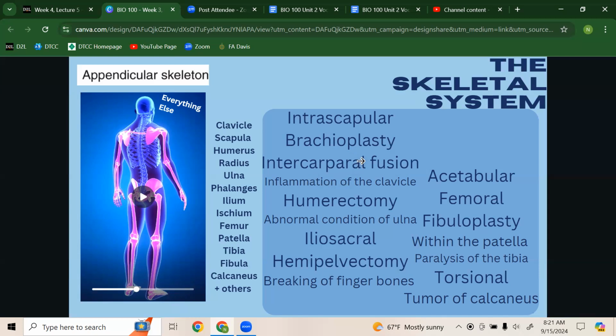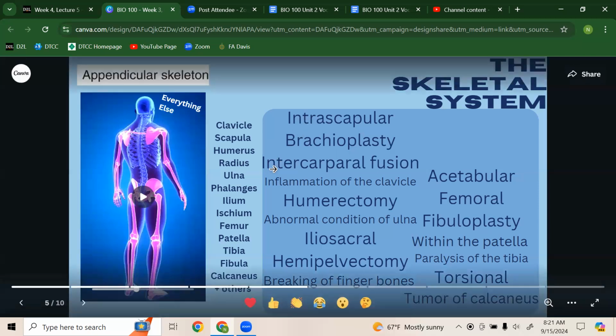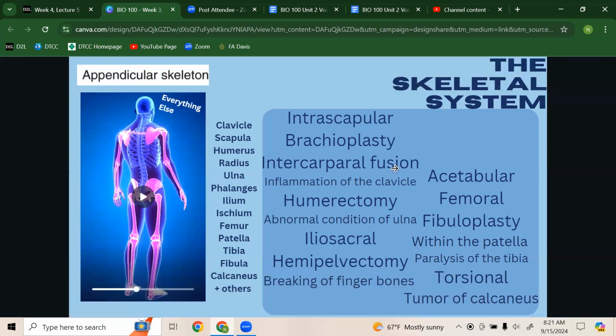Our carpals are our wrist bones. Inter is in between. So intra is within, inter is in between, and a fusion is when they basically screw bones together. So an intercarpal fusion would be connecting your wrist bones together.